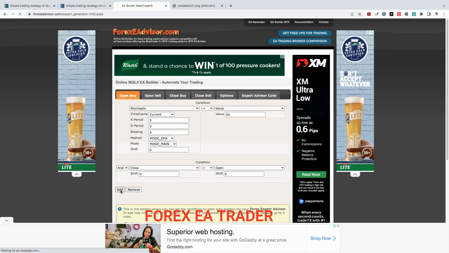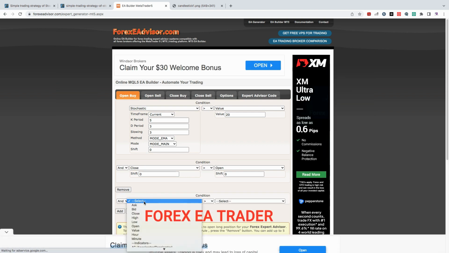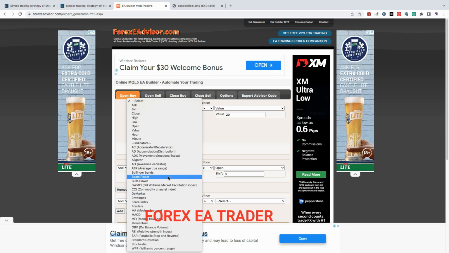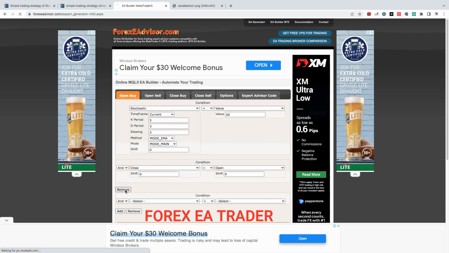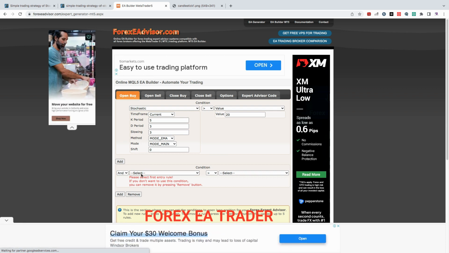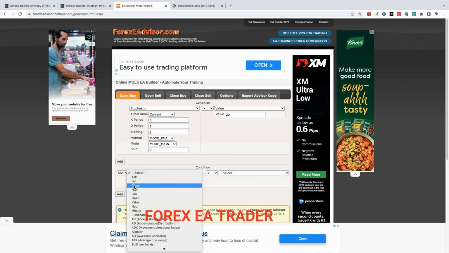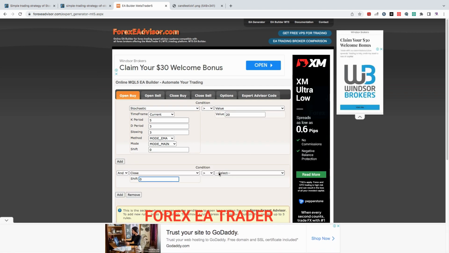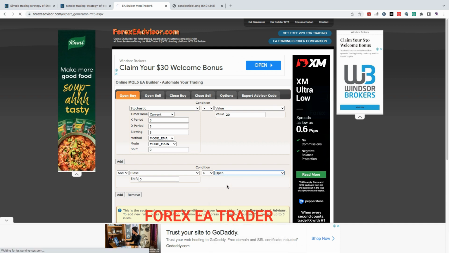Then you can continue adding in more conditions. Maybe you want to refine your signals. There's a lot of stuff that you can use, but for now we are not going to do that. I removed the wrong thing. So we said close price needs to be above the open price.